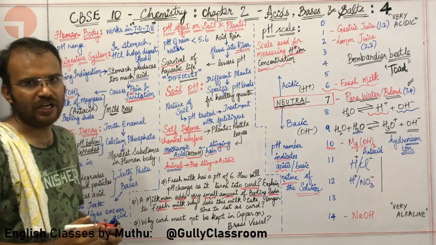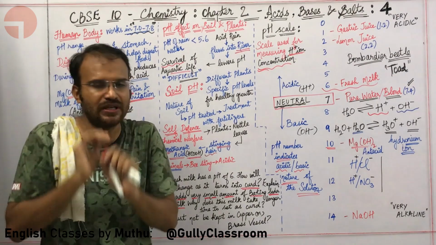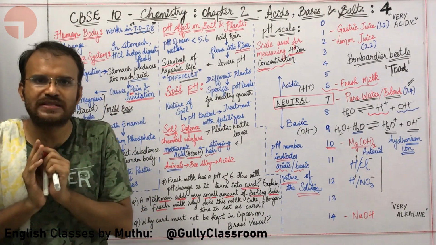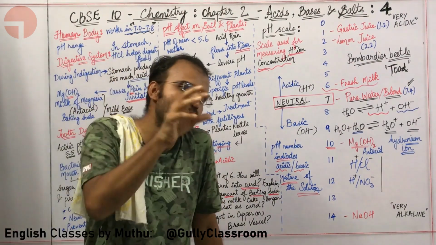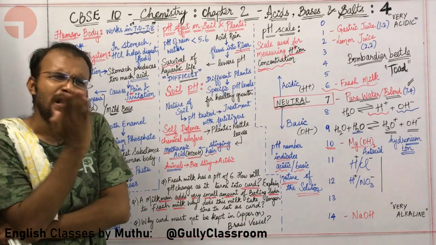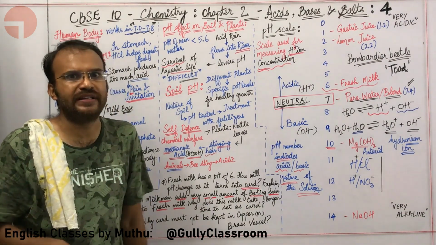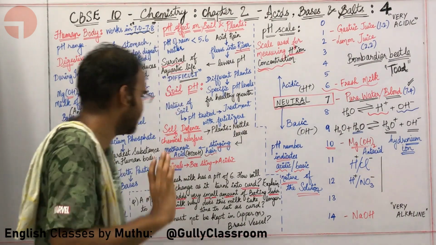Okay, let me tell you something. There is milk. This milk turns into curd. Which is more sour in taste, milk or curd? Curd is more sour in taste, which means curd must contain more acid because acids are sour in taste.